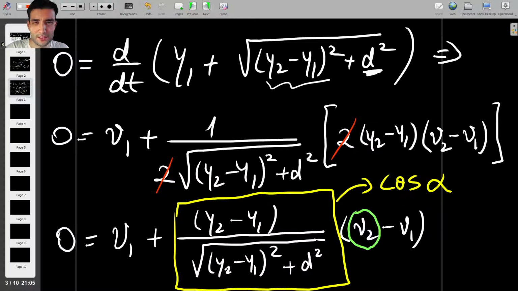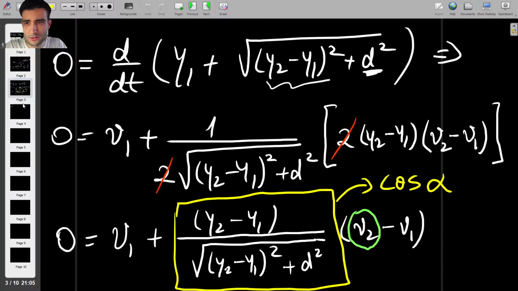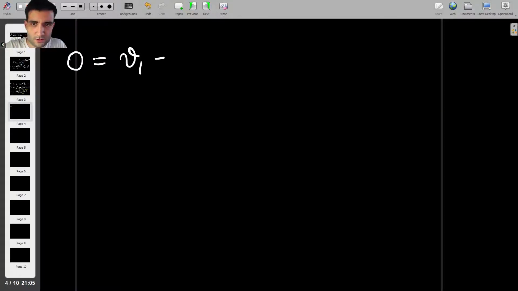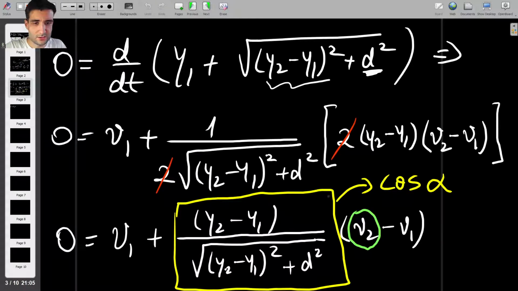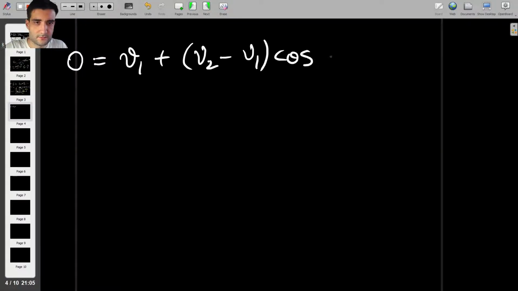Well, we are told that we know alpha. So alpha is given to us. So if I rearrange this, I'm going to get 0 equals v1 plus, and now I'm going to replace this whole fraction by cosine alpha, so (v2 minus v1) cos alpha. So all we have to do now is find an expression for v2.